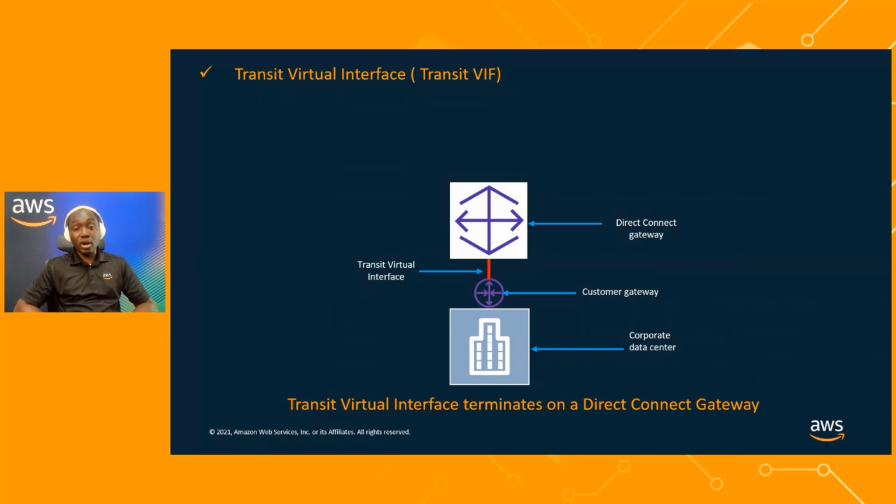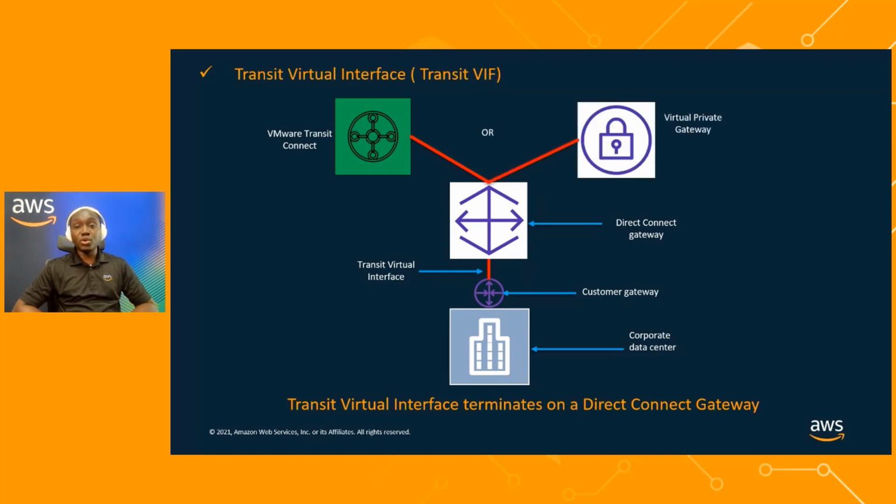After you attach it to a Direct Connect gateway, you have some options. You can either associate a VMware Transit Connect to the Direct Connect gateway, or you can associate a virtual private gateway to the Direct Connect gateway. A lot of gateways, right? You can't associate both at the same time. You have to use one.